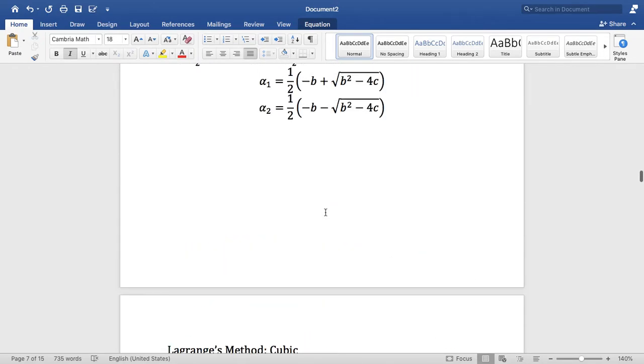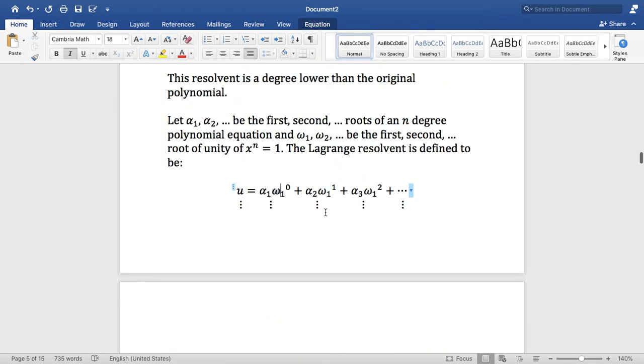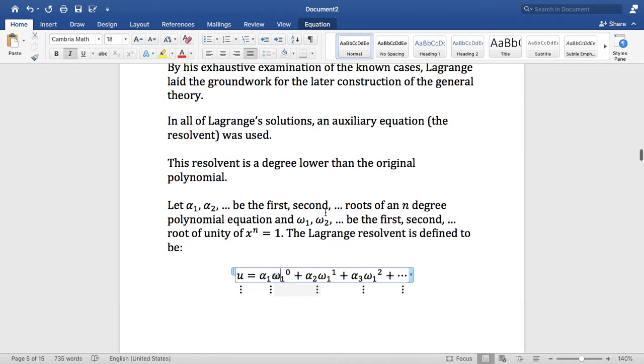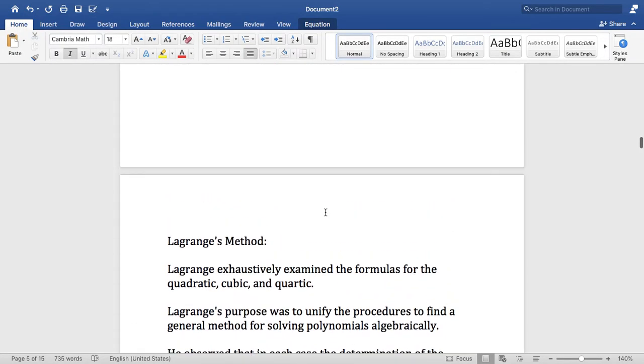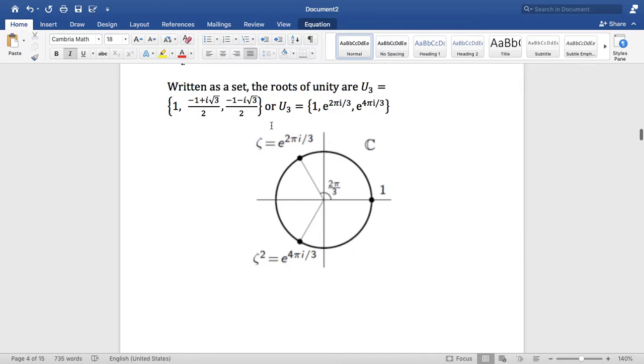And remember the relationship for omega: any root of unity, if you cube it, you get back to 1. Here I think I called it phi, but you could think of them as omega. Maybe I should have just changed the variables, but that's fine.